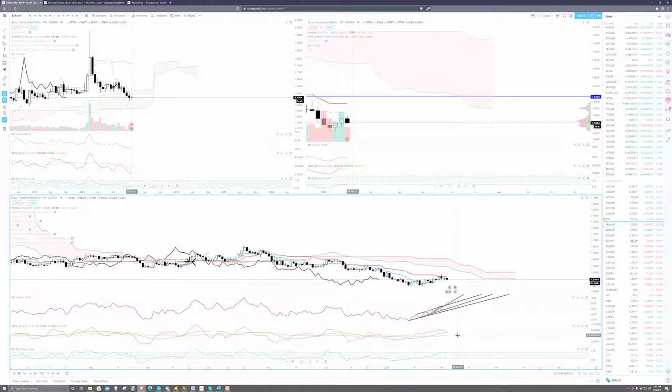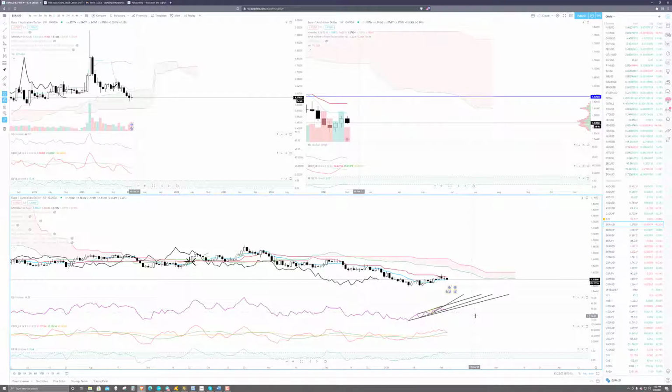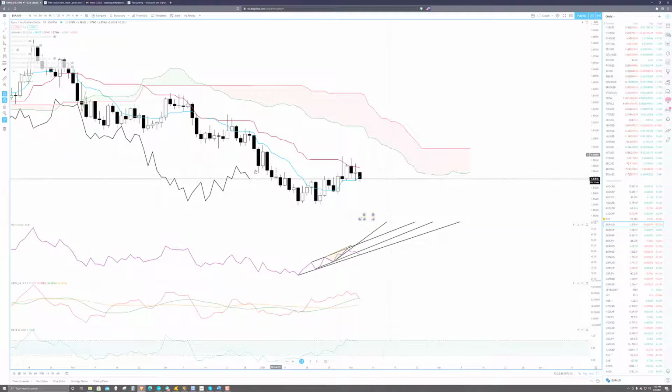This is a very likely scenario too, because we see the composite index has crossed below the fast average. So there's a lot of things there indicating that we could see some continued short-term selling. Watch though for higher prices.